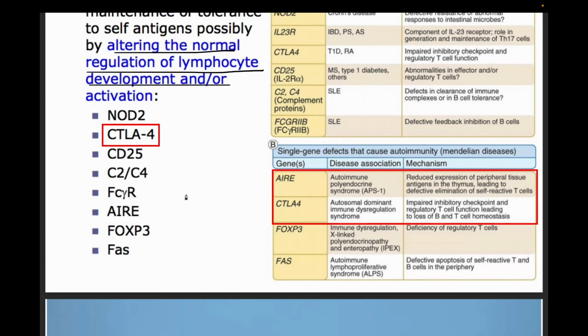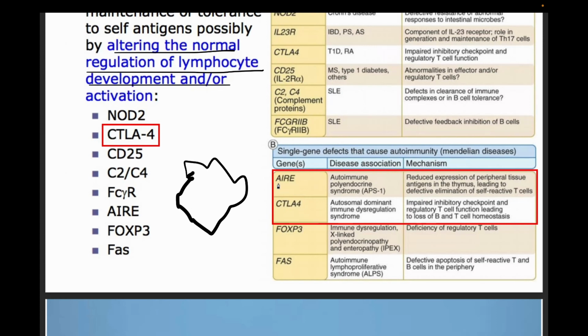Didn't we say we have, for example, the APC? Let's suppose that this is the APC. It has MHC molecules and it has B7 for some reason. CTLA4, present on T cells or the regulatory T cells, engulfs these B7, which is the secondary signal that is needed, and may lead to anergy.